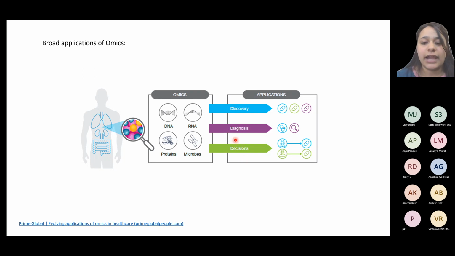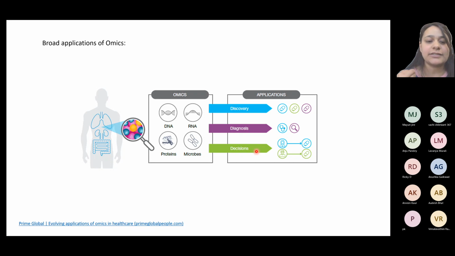Then it also helps the doctors or the clinicians to decide what kinds of therapies should be given to the patients. For example, if a particular individual has a particular type of metabolite due to which a particular drug will be toxic when it interacts with that metabolite.